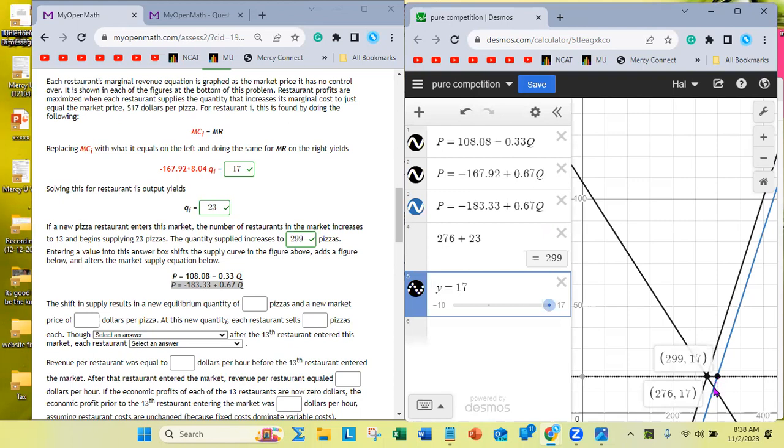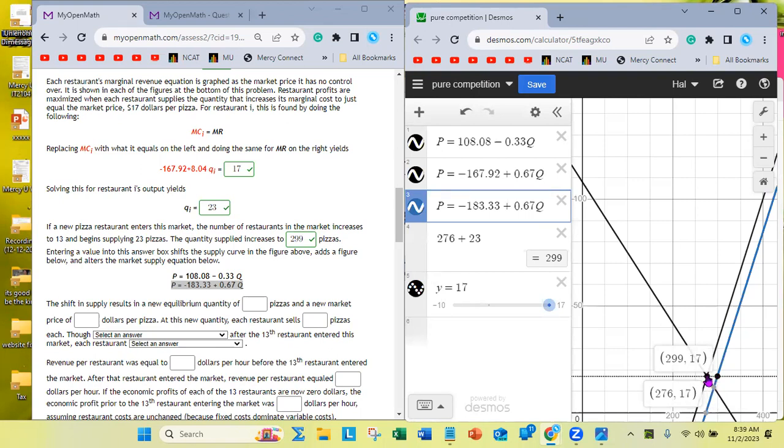The new market price is down here. So at the moment that firm opens and starts supplying 23 pizzas, the market is flooded with 299 pizzas, and at this price, only 276 are demanded. So we have quantity supplied exceeding quantity demanded.